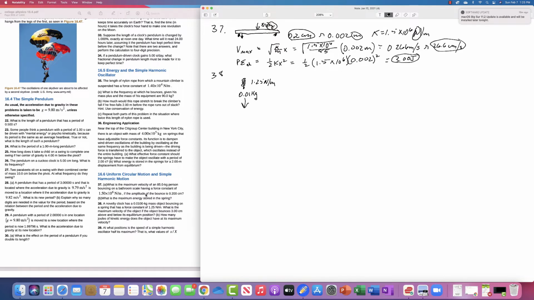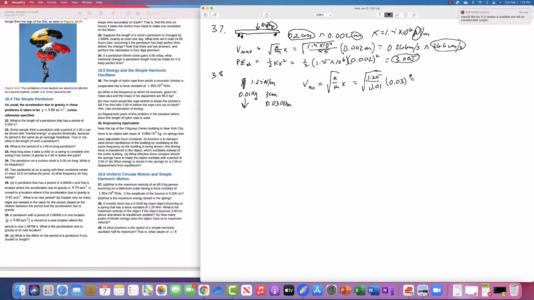If the distance that it bounces is 3 centimeters or 0.0300 meters, then the Vmax, based on this same formula up here, is going to equal the square root of k over m times x, which is equal to the square root of 1.25 over 0.01 times x, which is 0.03.